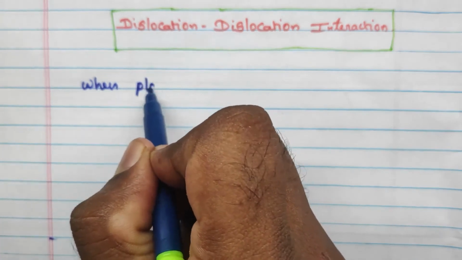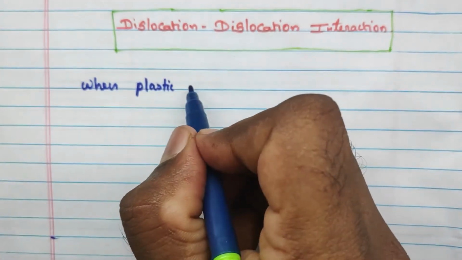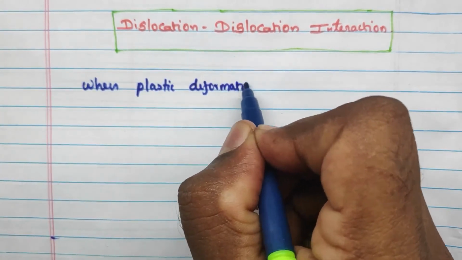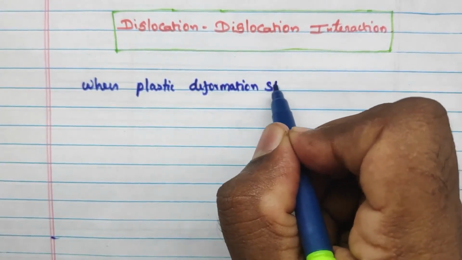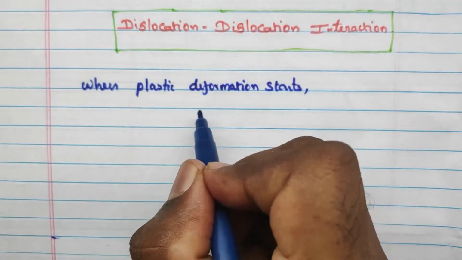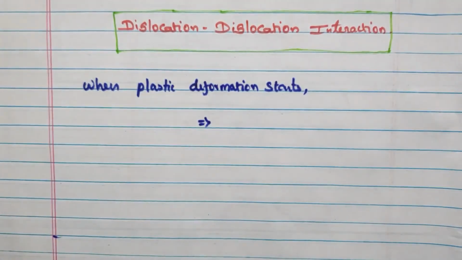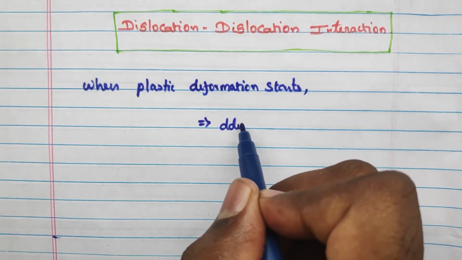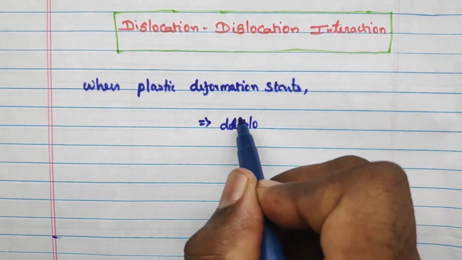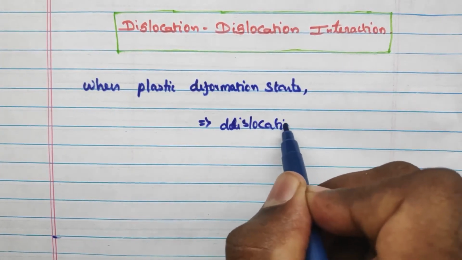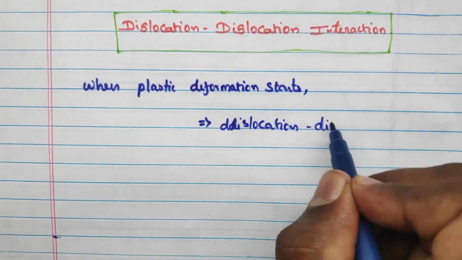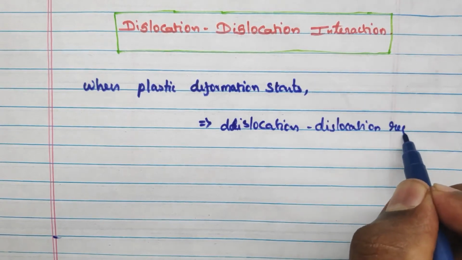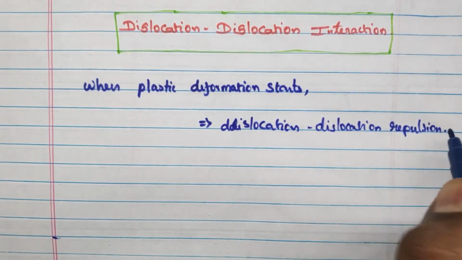When plastic deformation starts, what happens? Dislocation repulsion will be there.